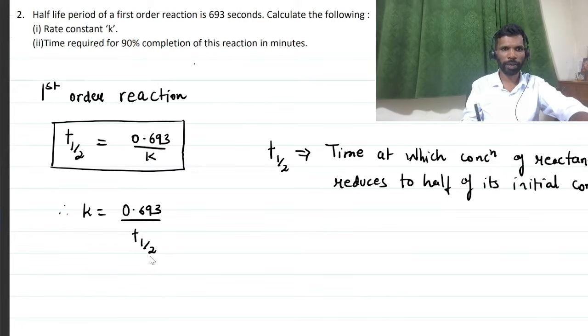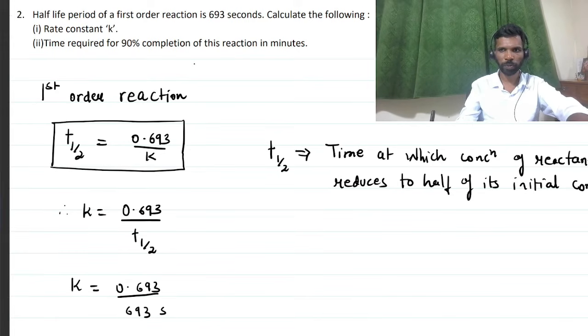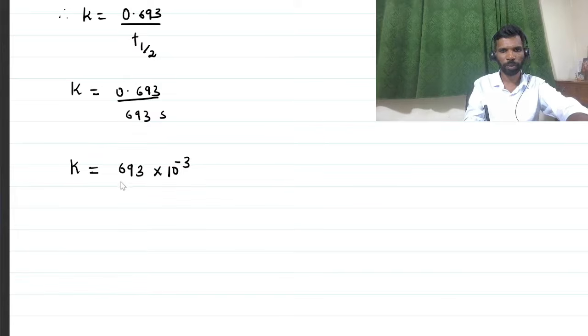So you are told to find K over here. So K will be equal to 0.693. And what is the T half? The half-life period for the first order reaction is 693, so I am writing 693 seconds, right? So K is equal to, I can write the number 0.693 as 693 into 10 raised to power minus 3, divided by 693.